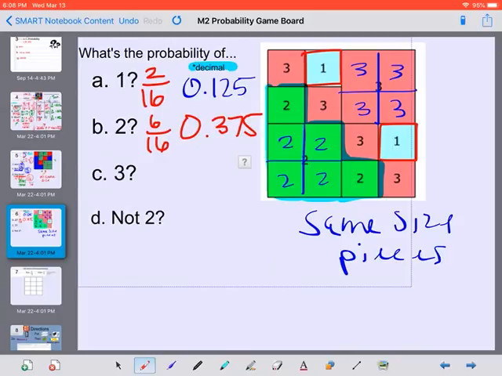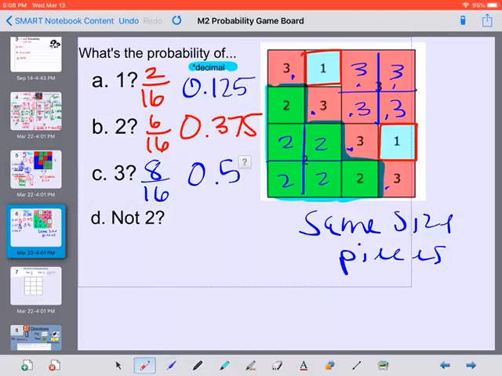And then what's the probability of landing on a 3? We have 1, 2, 3, 4, 5, 6, 7, 8 sections out of 16 that are a 3 or pink, which is 0.5.